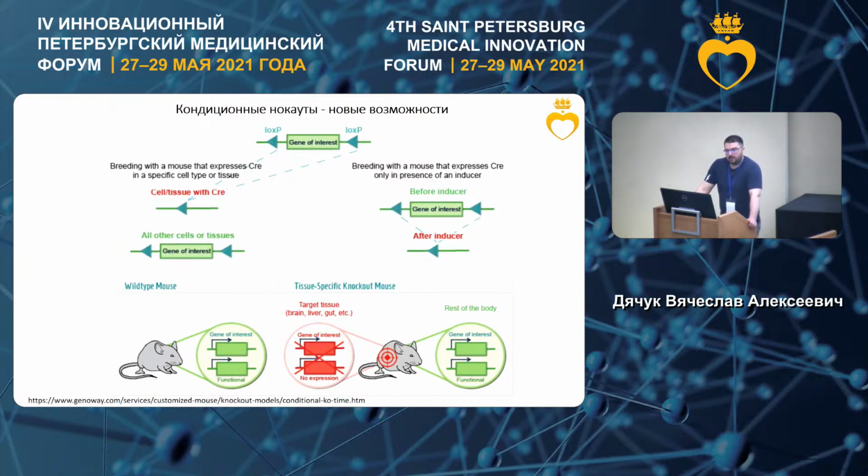But lately, new interesting model systems appeared, the so-called conditional knockouts. What does it mean? This is a possibility for the researcher to activate that knockout and cause a certain effect within a certain time period.